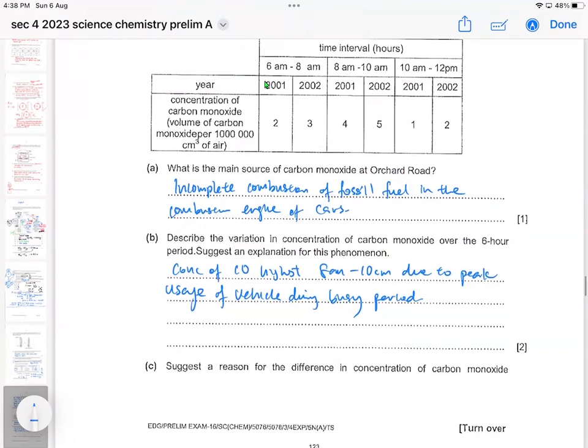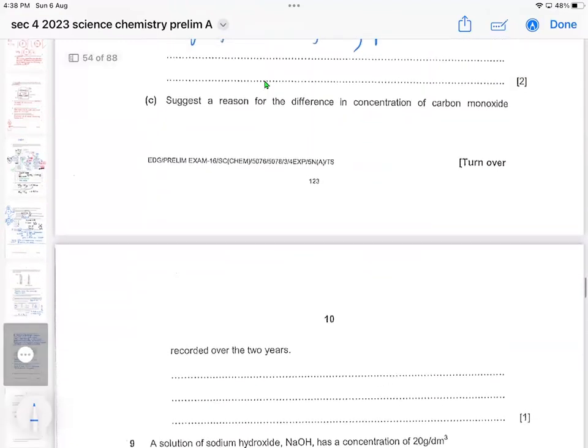So the only logical reason for this is probably a higher ownership of vehicles in 2002.